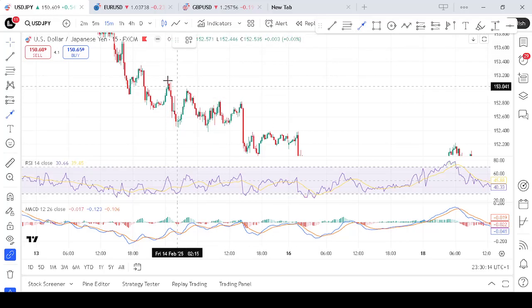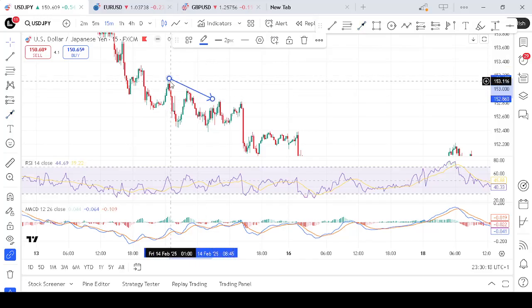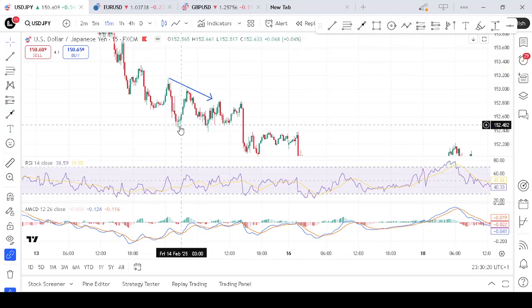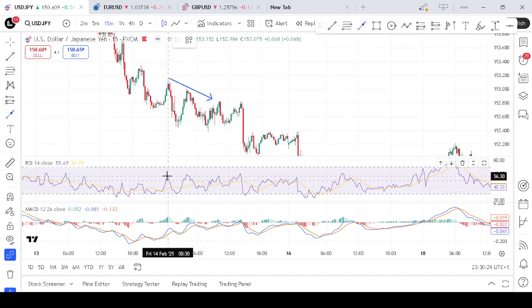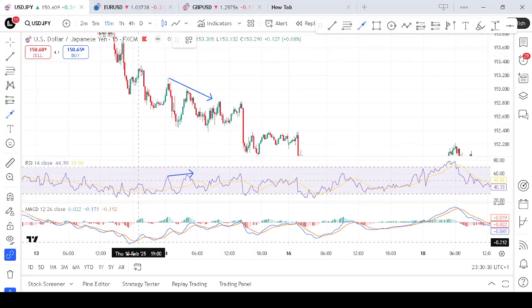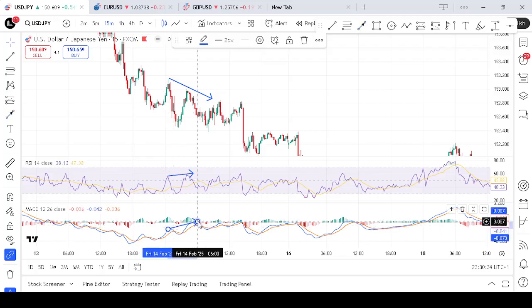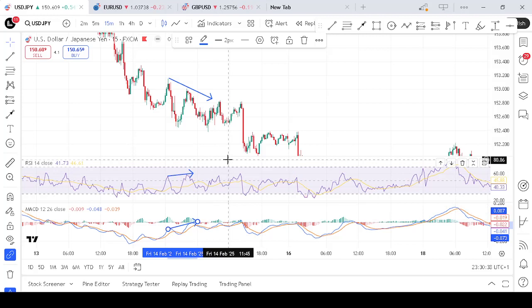So as we can see at this area, price is making a lower high. This is a lower high, a lower low, a lower high. And as we can see, our oscillator, our RSI, is making a higher high at this area. And if we look at our MACD at this particular area, we are also making a higher high. So that is our third confirmation.